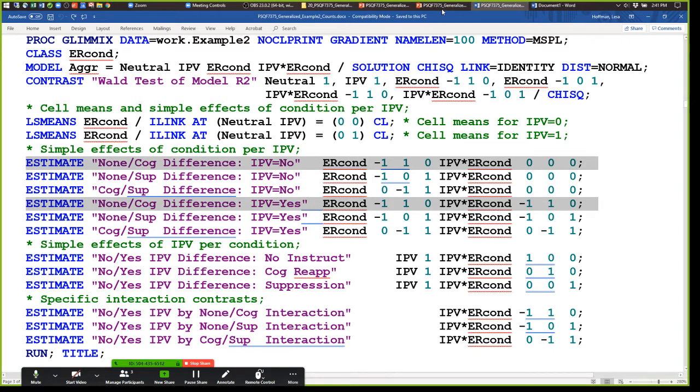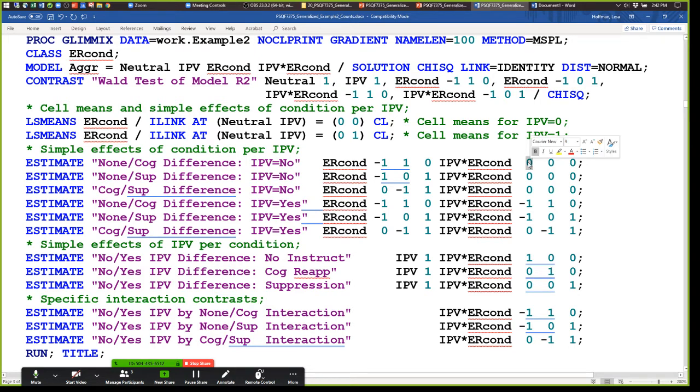Yes. 2 ways. If you have no idea, put a /e, and it's going to give you a table of groups, and it will tell you in the table where your 1s and 0s went. But I know this because it's in the order in which it shows up in your data. So in this original variable, 1 is none, 2 is cognitive reappraisal, and 3 is suppression. And so I know that this place refers to whether or not you want to invoke the none group.